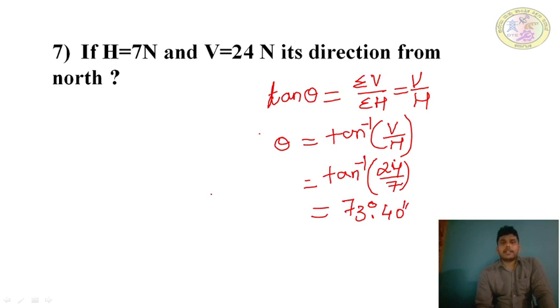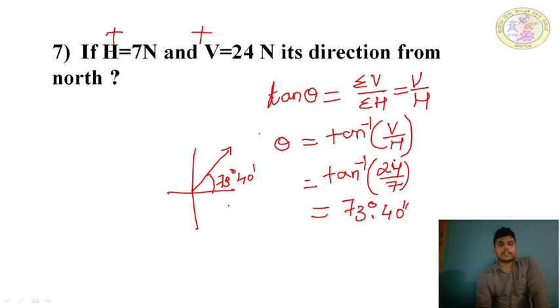Theta, as I said, is the direction with respect to north we have to find. Both are here. In which quadrant does it lie? 7 Newton and 24 Newton, both are positive. Sigma H is positive, sigma V is positive, H and V are positive. It will lie in the first quadrant. The resultant will be in the first quadrant. Then the direction of the resultant will be with respect to x axis, 73 degree 40 minutes.